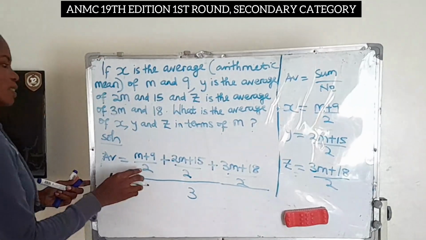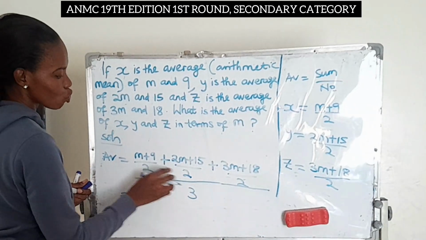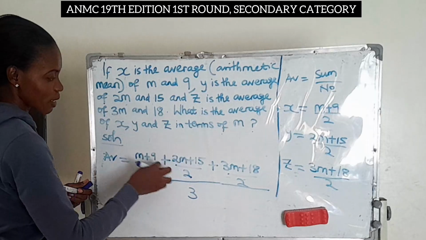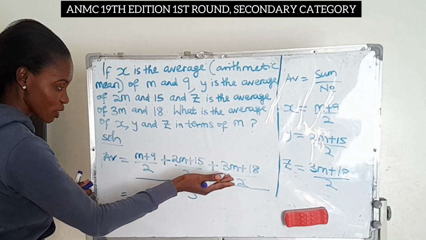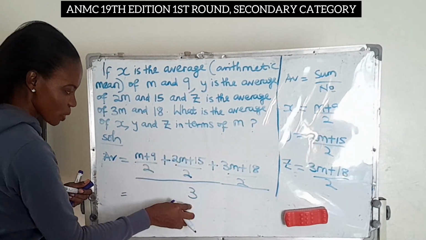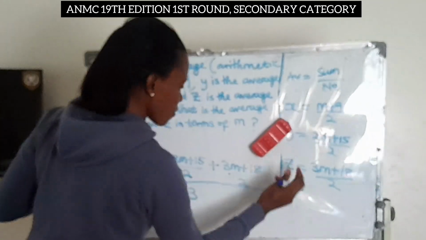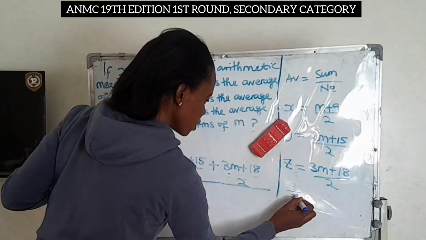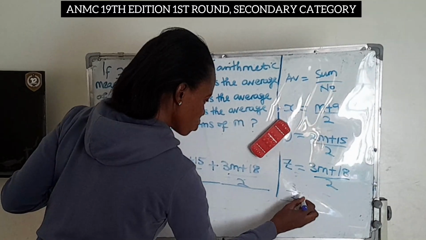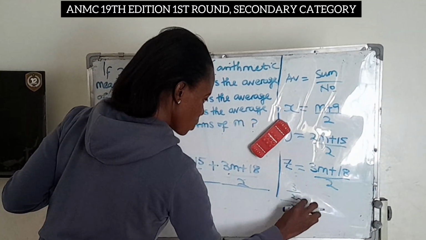Okay, since each of these terms has 2 as the denominator, even if I make this a single fraction, you see that it will have a denominator of 2, so that 2 you can bring down to multiply this one. What I mean is that if you have a fraction over another number, these two denominators can multiply themselves.